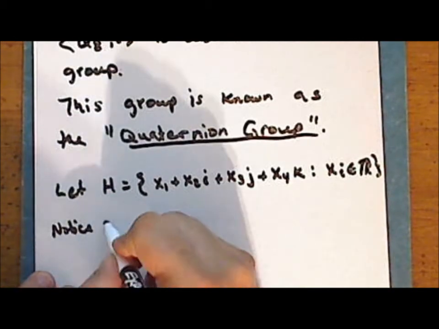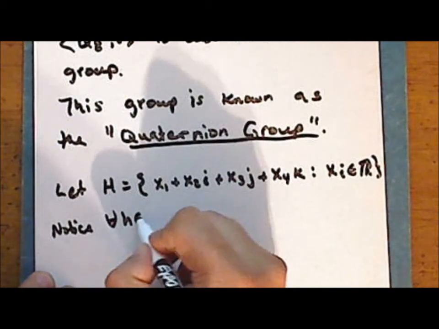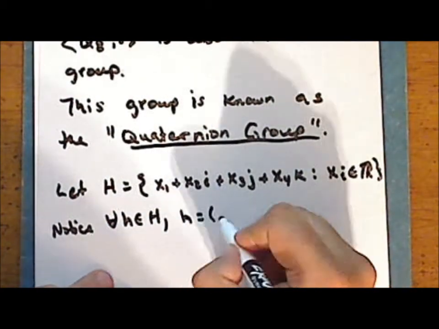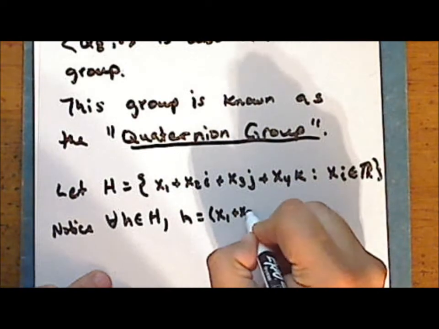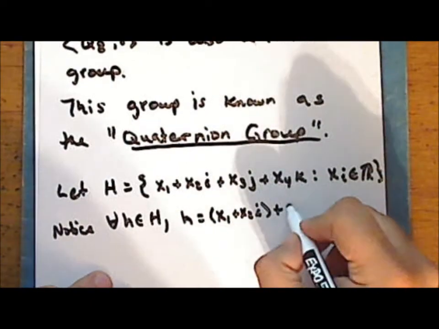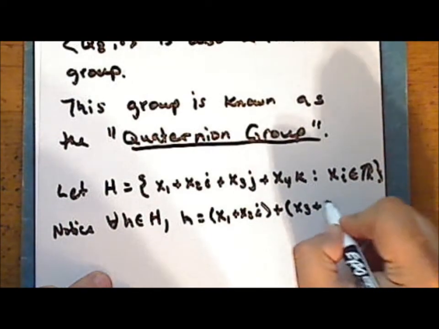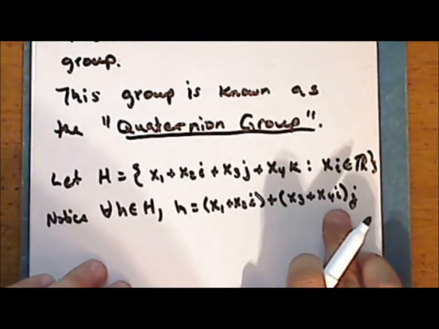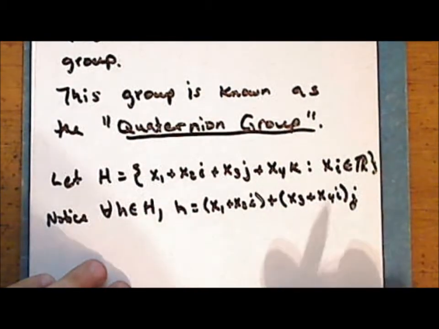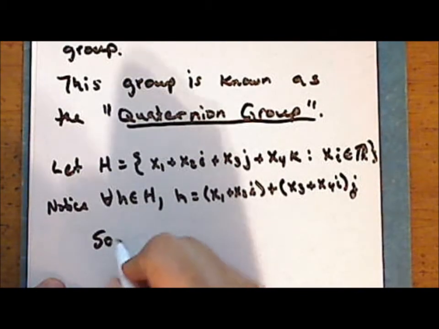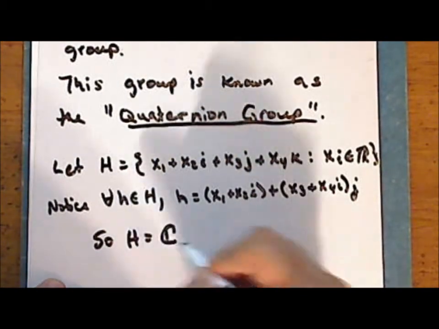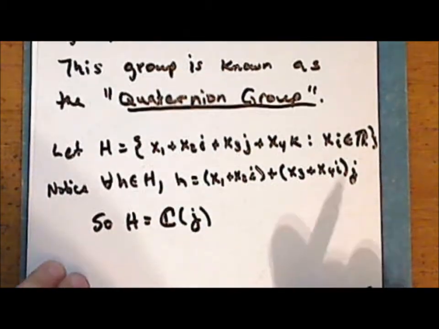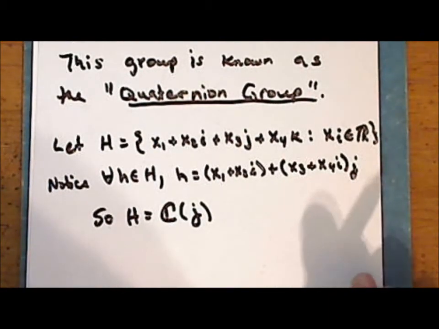Notice that for every number h in this set, the number can be written in the form x sub 1 plus x sub 2 times i plus x sub 3 plus x sub 4 times i times j, since i times j is k. And so this set H is an algebraic extension of the complex numbers to include complex multiples of the number j.